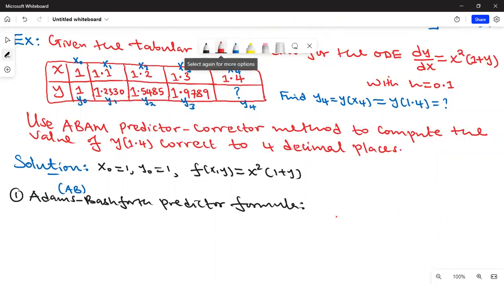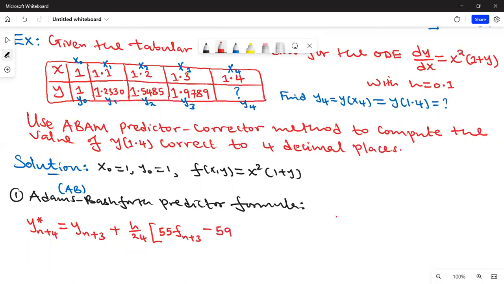It is y(n+4) star is equal to y(n+3) plus h over 24 into 55 times f(n+3) minus 59 times f(n+2), then plus 37 f subscript n+1 minus 9 f subscript n.